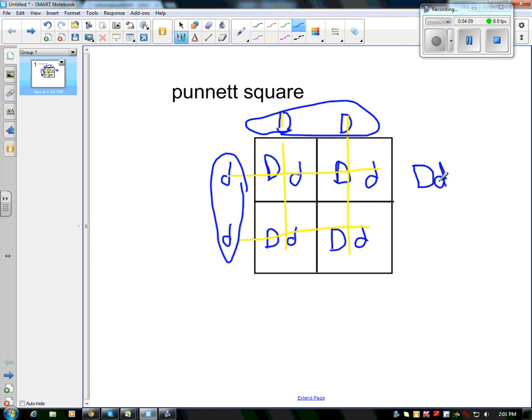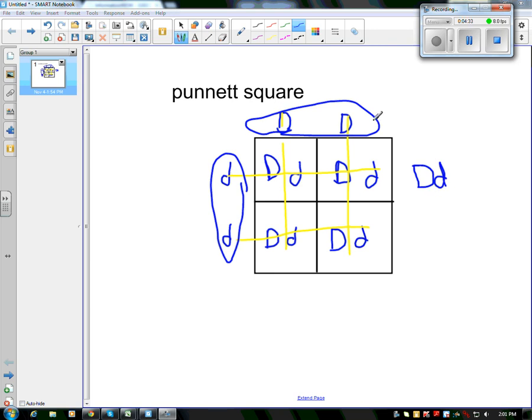What would that make this plant? Well, the big D is a regular height, which is dominant. So it masks this little d, so they would all be, all four, or however many times you wanted to do this, a regular heighted pea plant. So this would be the genotype for this crossing.